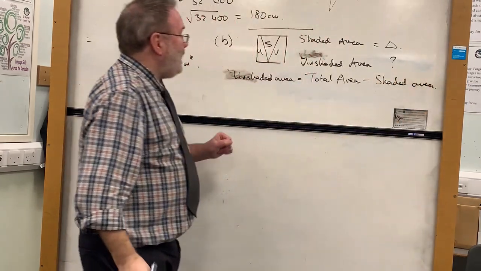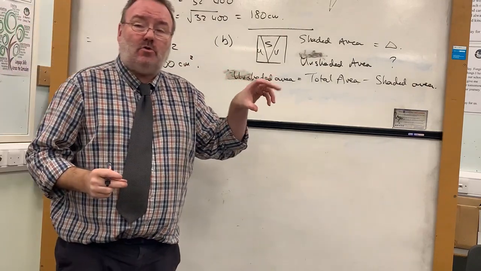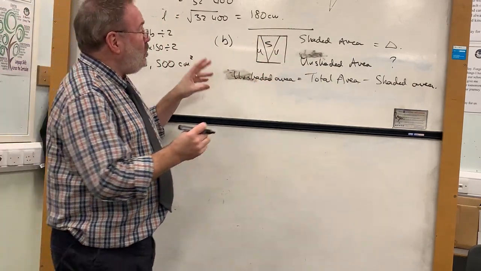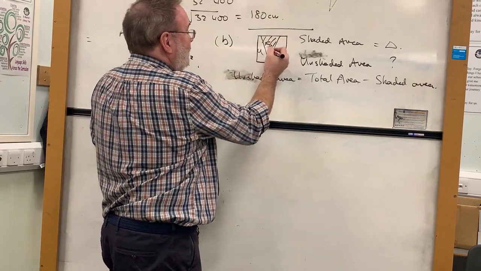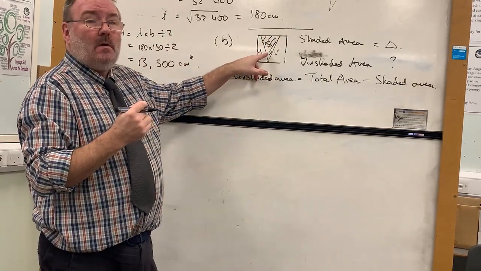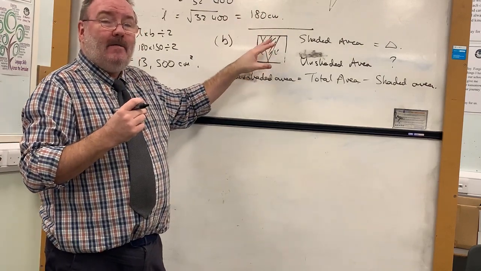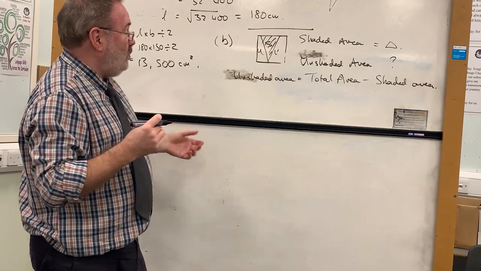And that's all you have to be aware of. Now, there's a lot of questions we're going to be looking at this week where you have to think in terms of that. So you can always work out the area of something if you know the total area and you know one part of it. Then whatever's left is the thing you want to find.